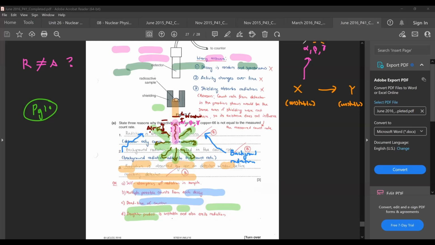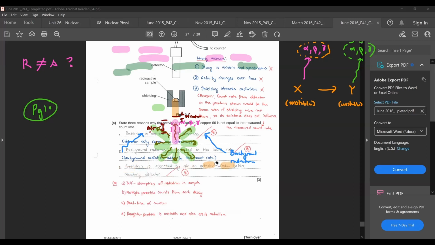This is what you're supposed to detect. Okay, but when your element decays from X to Y and Y itself is also unstable, it will also emit its own radiation of alpha, beta, and gamma. So your detector is also detecting this. This would account for why your count rate is different from your activity, because your daughter product is unstable.